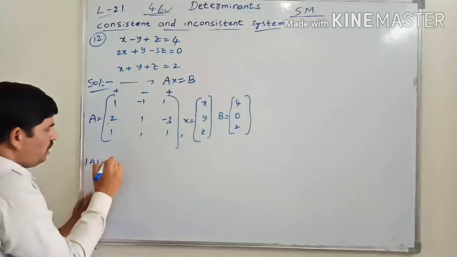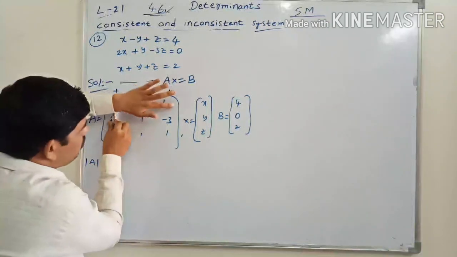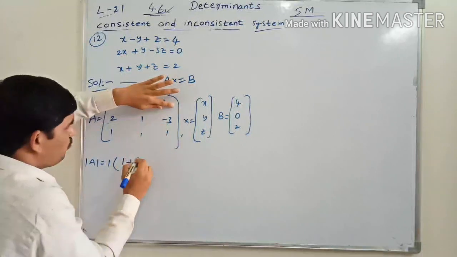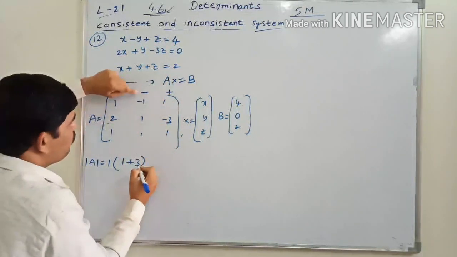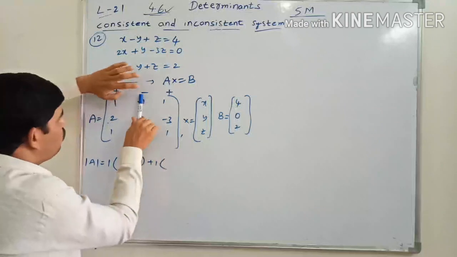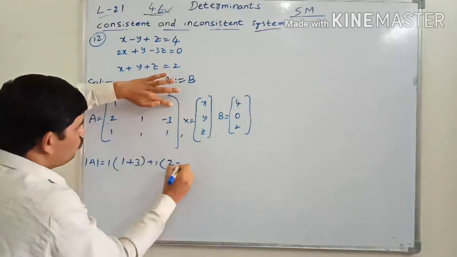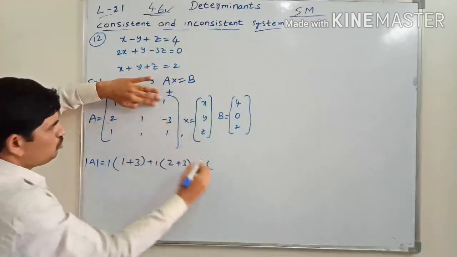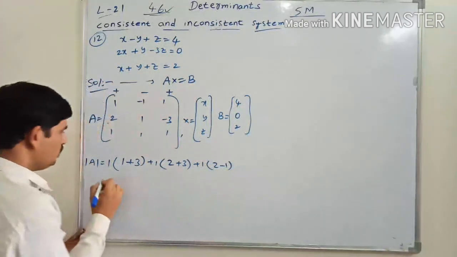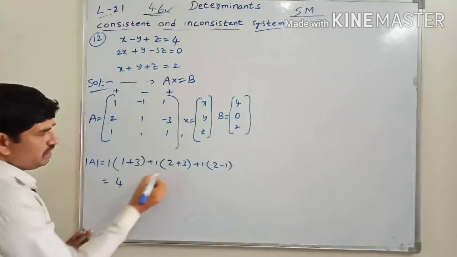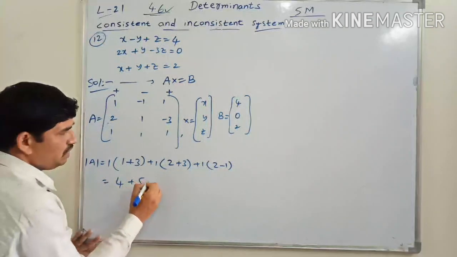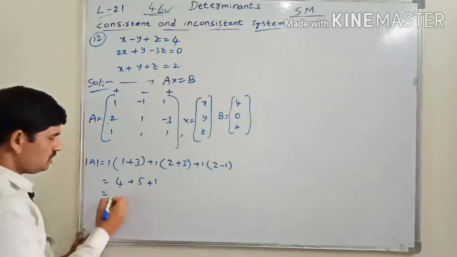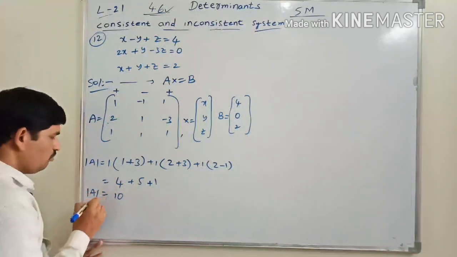So 1 into, we write the cross multiplication of 1 into 1 is 1, next plus, because there is a minus, that's why plus 1 into 3 is 3, completed, minus and minus plus 1, again we have to take here, so 2 into 1 is 2 plus 3 over, next one is 1 into 2 minus 1, completed. See, 1 plus 3 is 4, next 2 plus 3 is 5, again this is 1, because 2 minus 1 is 1. So finally we got this result is 10. Yes, determinant of A we got 10.